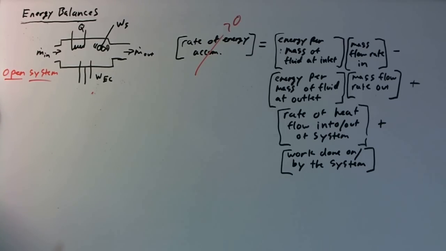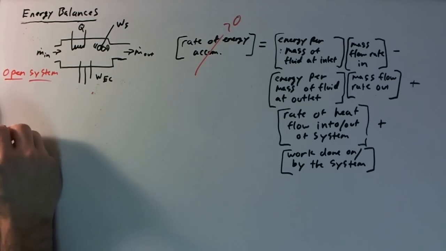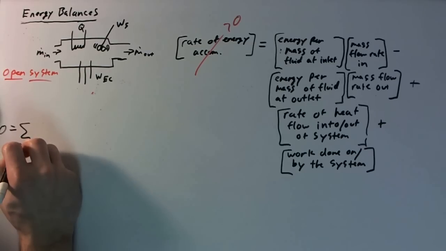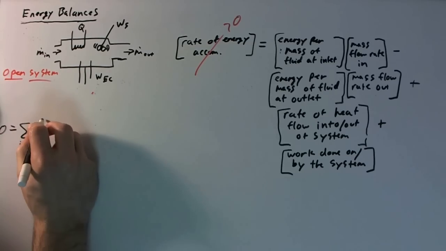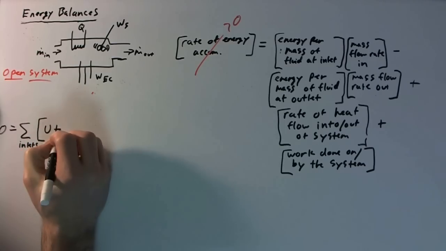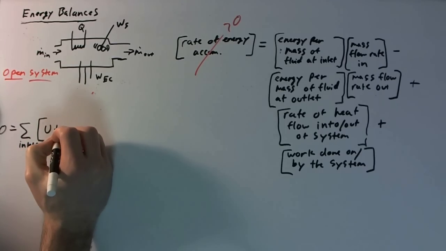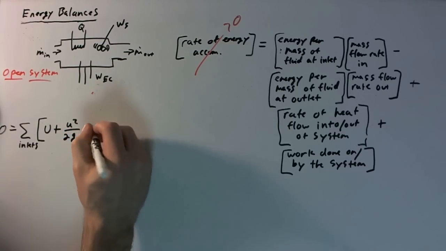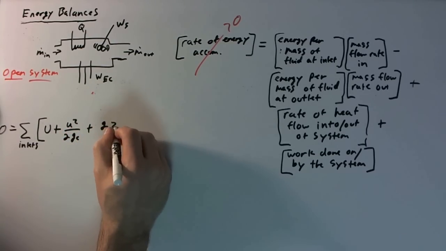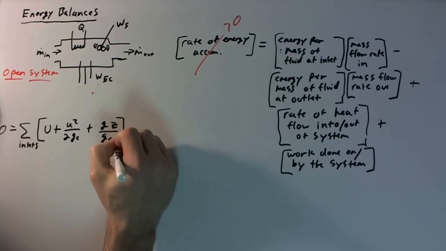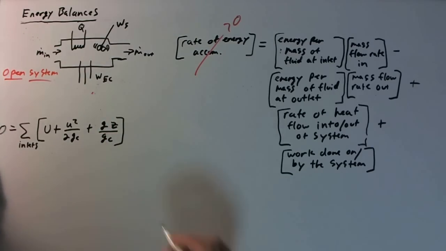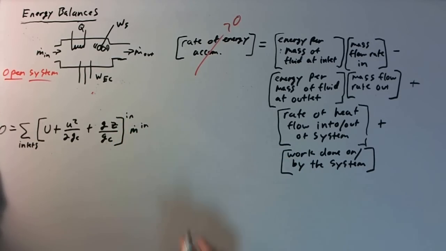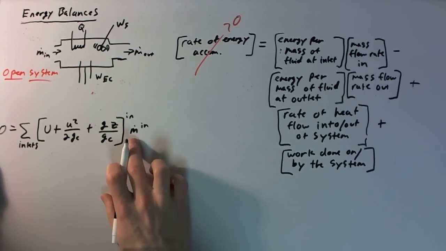So we get 0 is going to be equal to the sum of the inlets, right? This is obviously the internal plus the kinetic plus the potential, right, so this g z over g_c, times the mass flow rate for the inlet, times the mass flow rate in, right, this dot indicating that this is mass per time in.